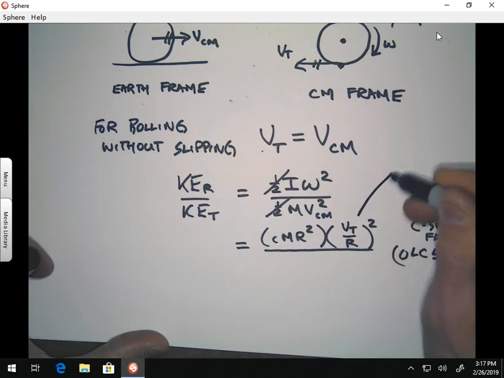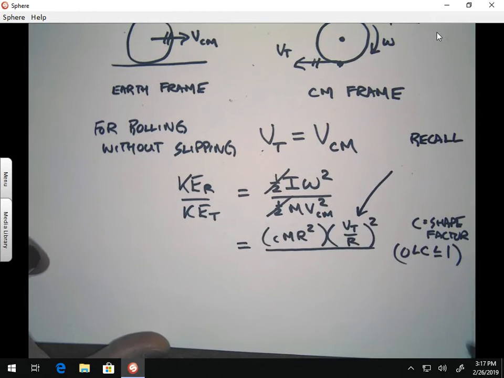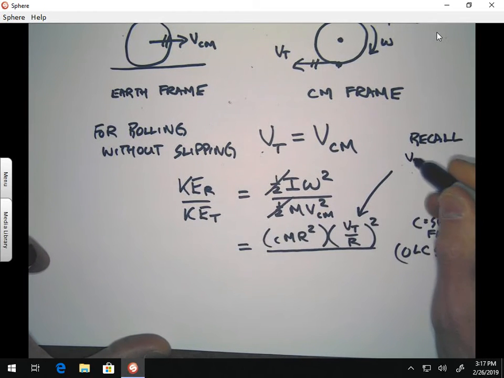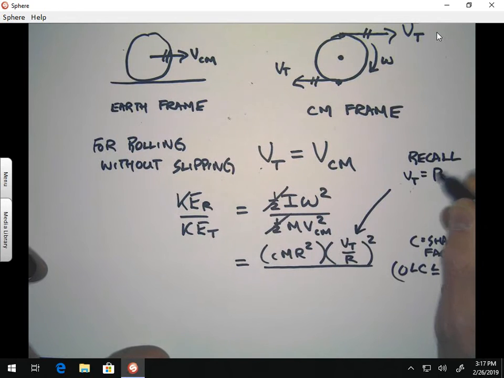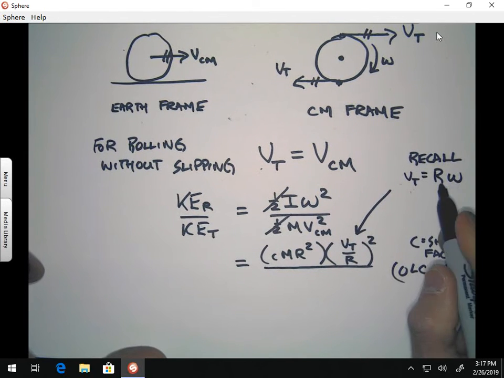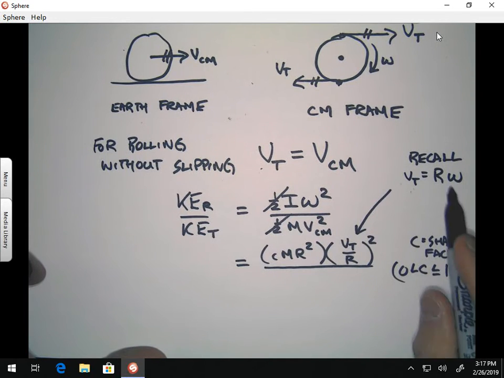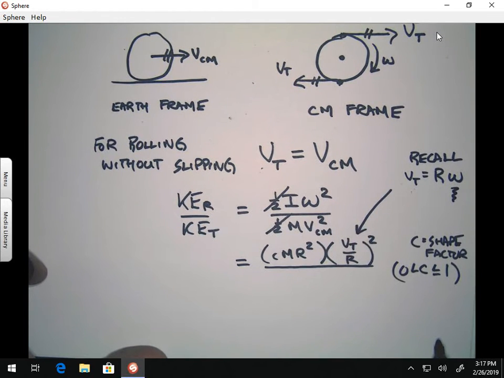So I want to remind you, recall, in our earlier part of this unit, we learned that you can always get a tangential motion quantity by multiplying the angular quantity by the radius. So that's exactly what we can do here. And of course, if you solve for omega, you have to divide both sides by r. So that's a very clever little substitution that we're going to do.